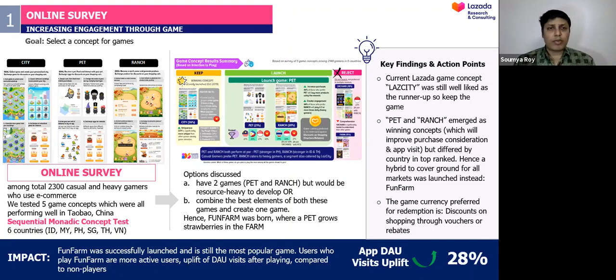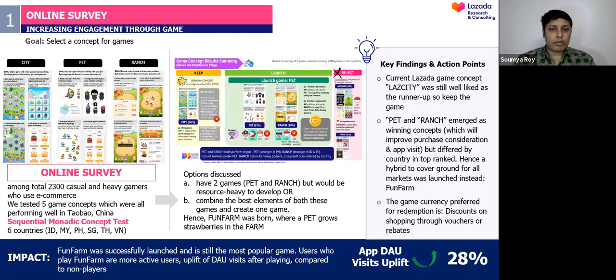And we found that there were 2 options basically. One is to launch both ranch and pet and also keep city, but then it will be too resource heavy. Or what we can do, and what we did, is mix the core attributes, the most liked attributes of the ranch and the pet game, and create one separate game.